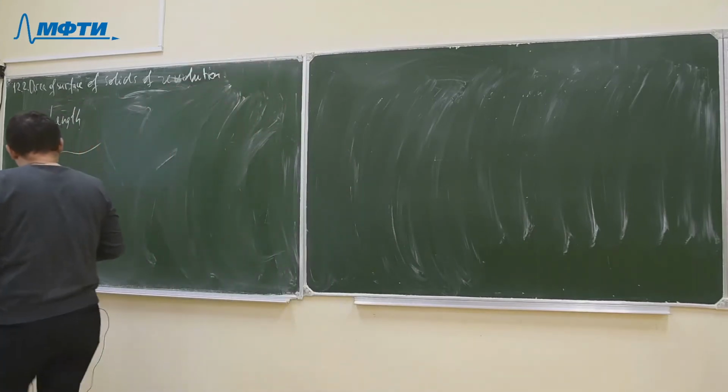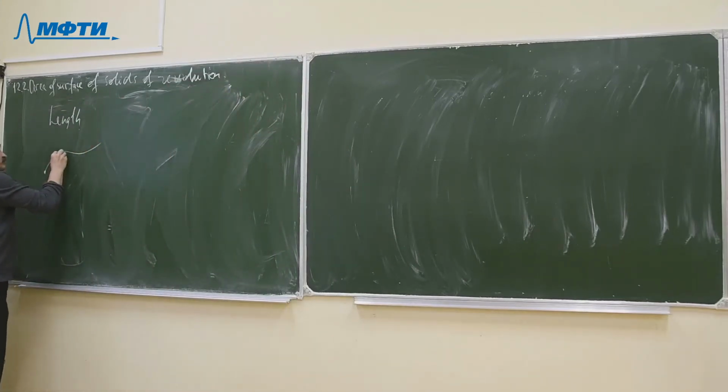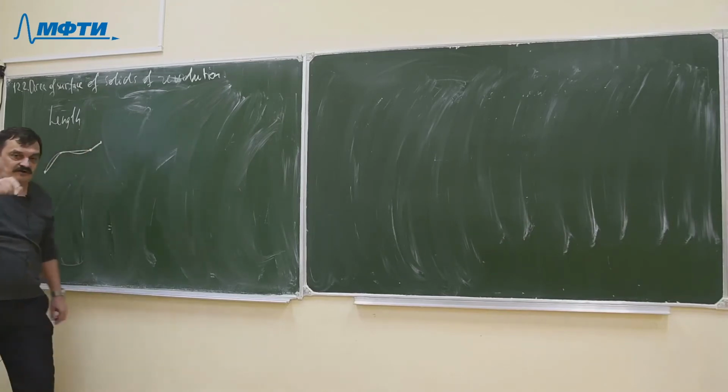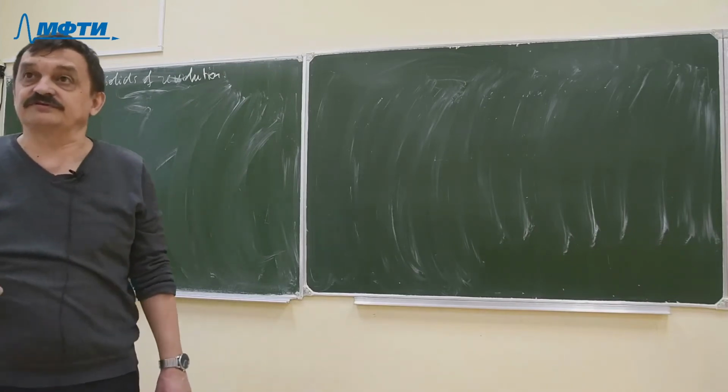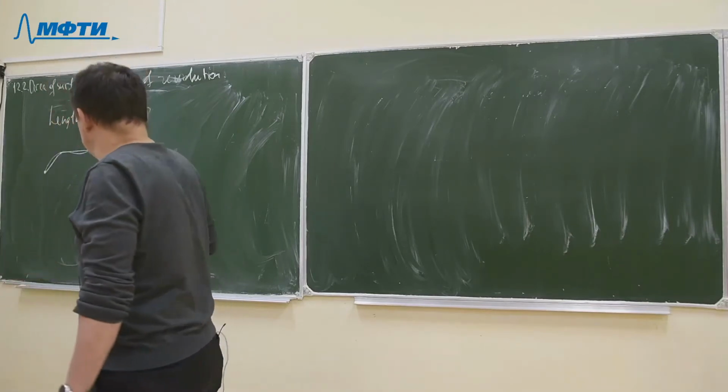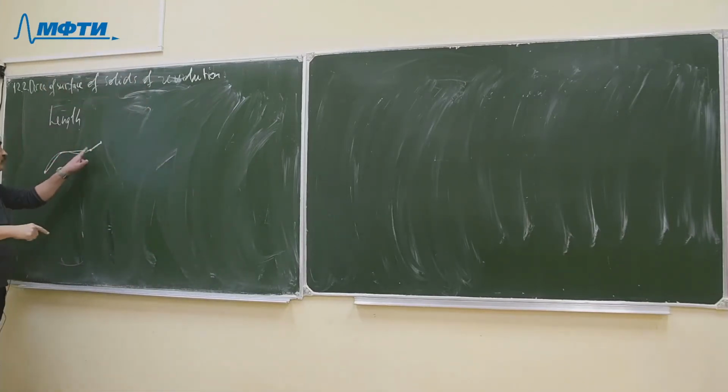Length was defined as the supremum of lengths of polygonal curves inscribed into our curve. We took polygonal curves inscribed into our curve and took the supremum of all their lengths. That is the definition of length.